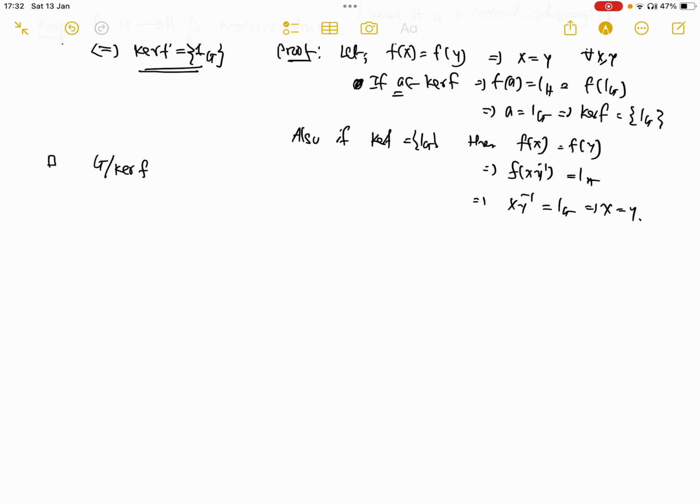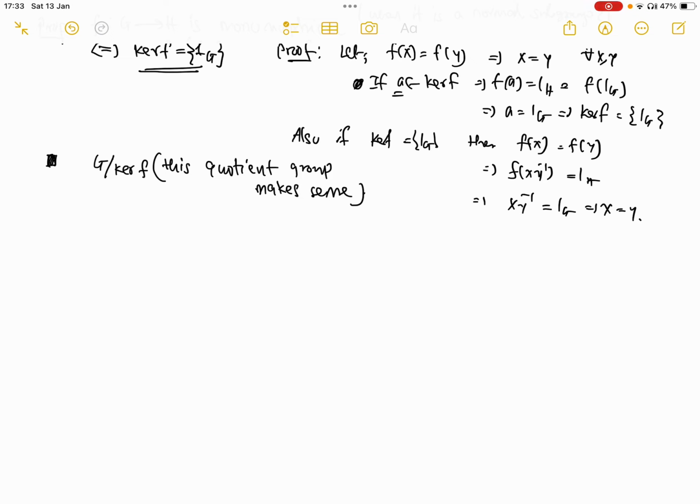This quotient group makes sense. So what is this group basically? You are taking all the elements of G, and if there is an element which is in the kernel of f, you are annihilating that element.